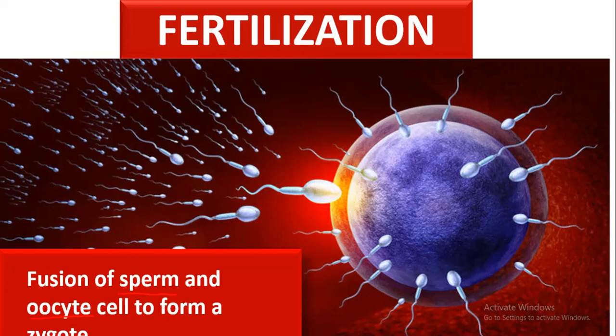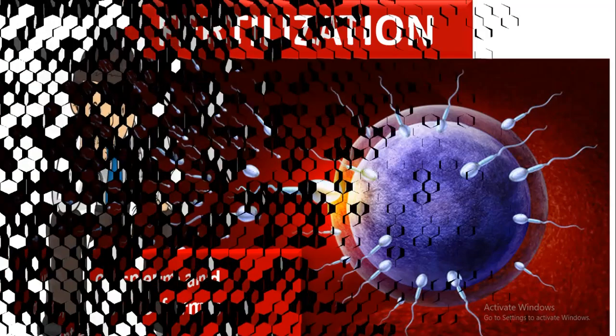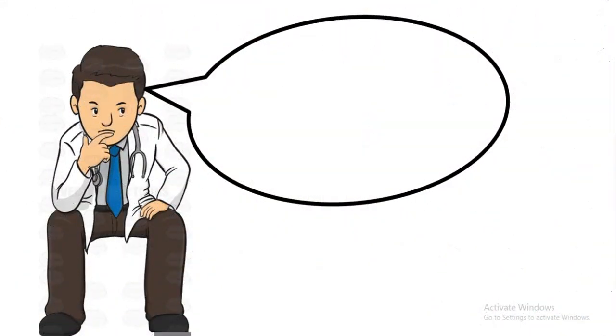Let's quickly look at something. I'm pretty sure some of us are trying to understand. Quite alright, we are saying that it's the fusion of the male and female sex cells, which are the sperm and the egg cell.